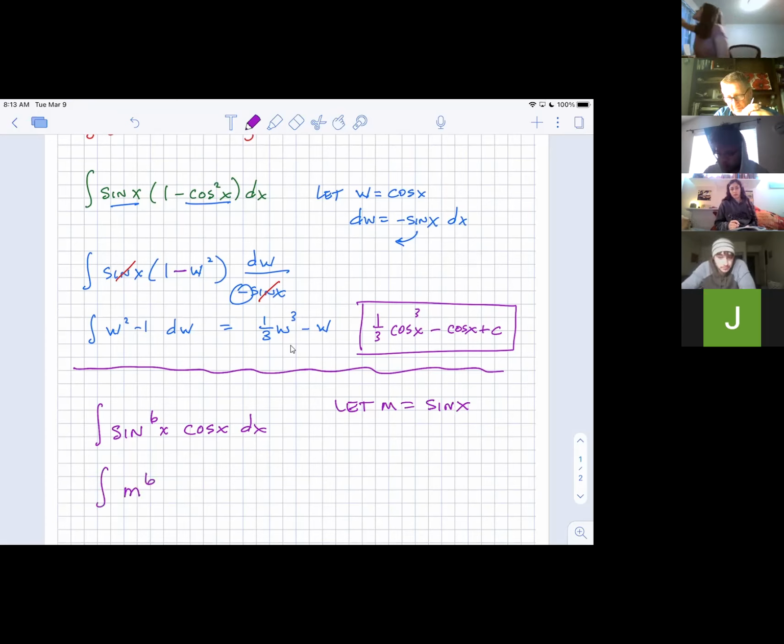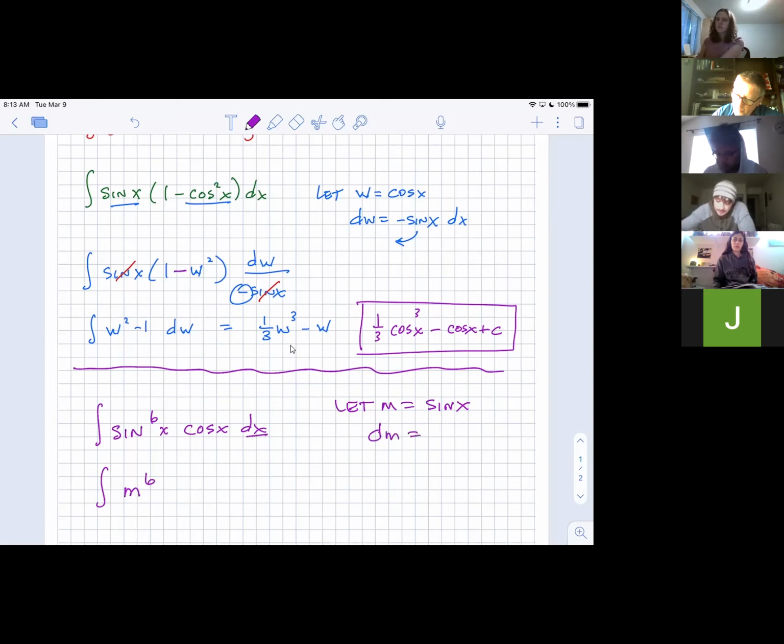The problem is there's some collateral damage from that, because I still have this dx to get rid of, as you know. So if I take the derivative of m and the derivative of the sine of x, so that I create some dx's to get rid of, I'm still stuck with that cosine of x. But then what is dx if I divide both sides by the cosine of x? Again, amazing. That problem is almost canned.